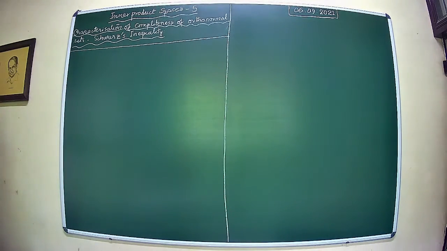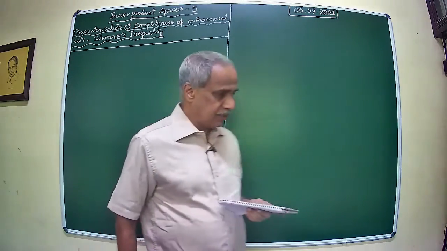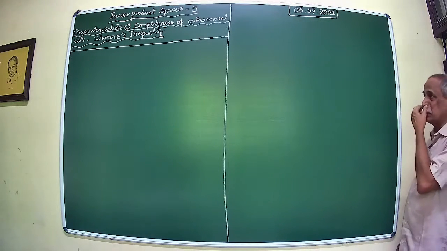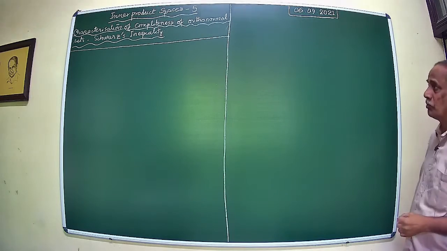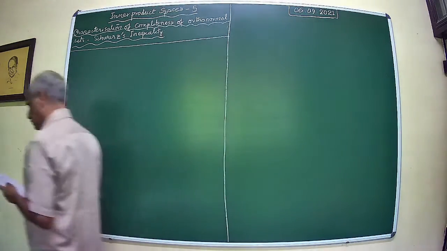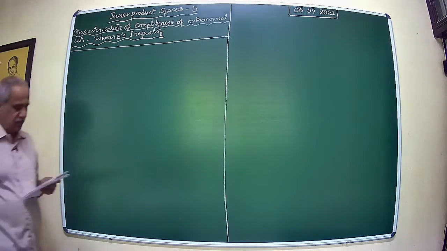We continue to look at the characterization of completeness of orthonormal sets in a finite dimensional inner product space. So we assume V is a finite dimensional inner product space.